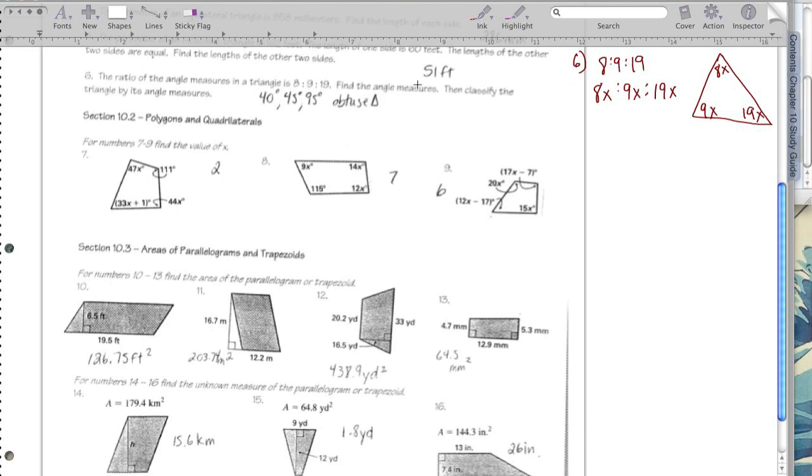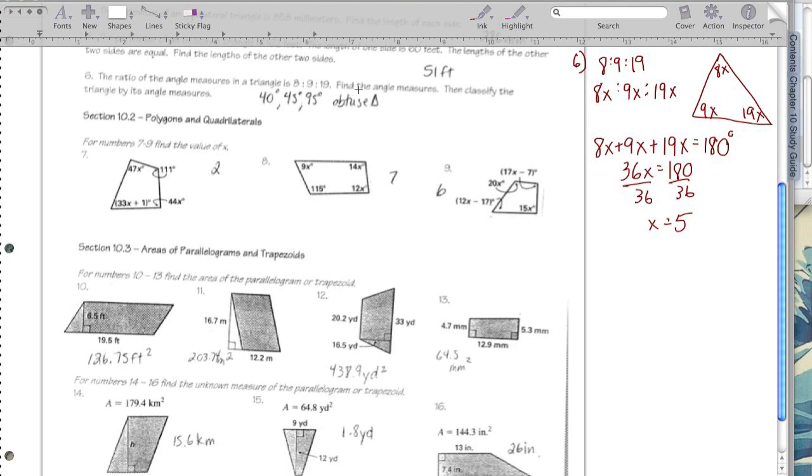Now we're talking about the angle measures. So we know, like we did above, that all the angles total 180 degrees. So I can say 8x plus 9x plus 19x is going to equal 180, because that's how many degrees are in a triangle. 8x plus 9x plus 19x is going to give me 36x. They're all like terms. I'm going to divide both sides by 36. And x then equals 5. So we find that x is 5.